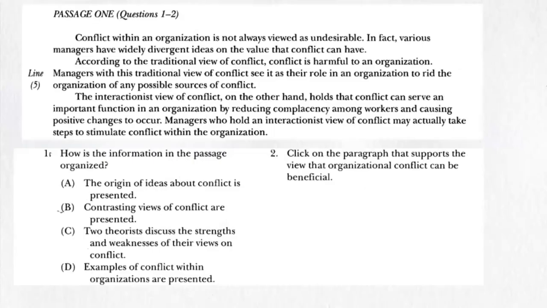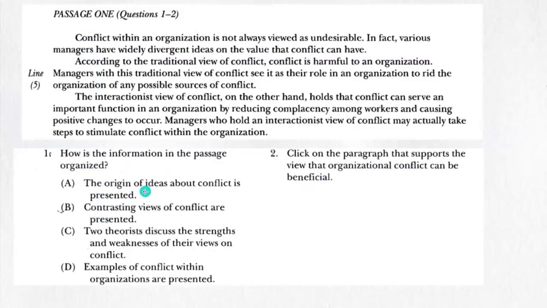Go back to this one. Let's look at my question. How is the information in the passage organized? And again, choose a paragraph that supports the view that organizational conflict can be beneficial. And again, read the first sentence in each paragraph to determine how the information is organized.